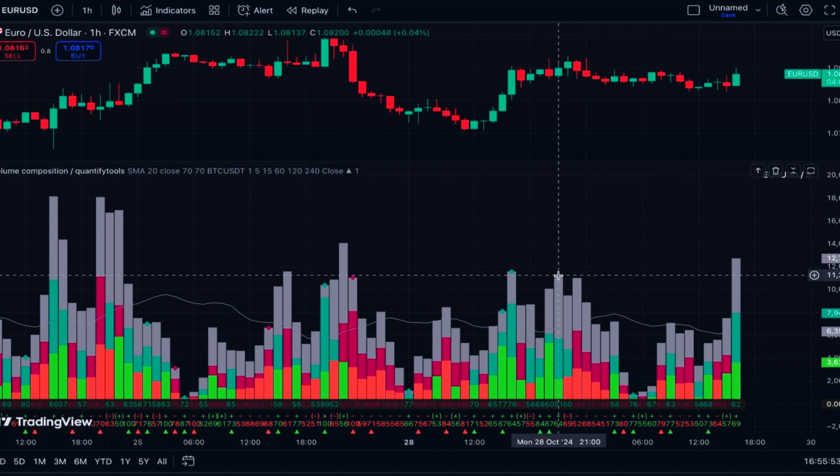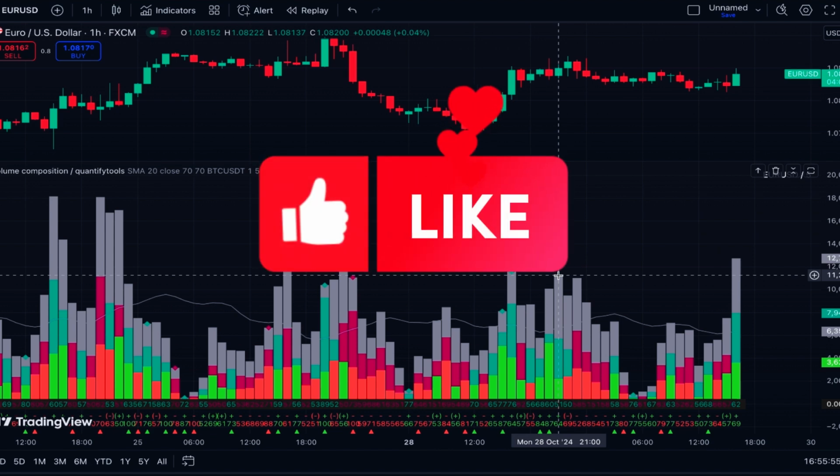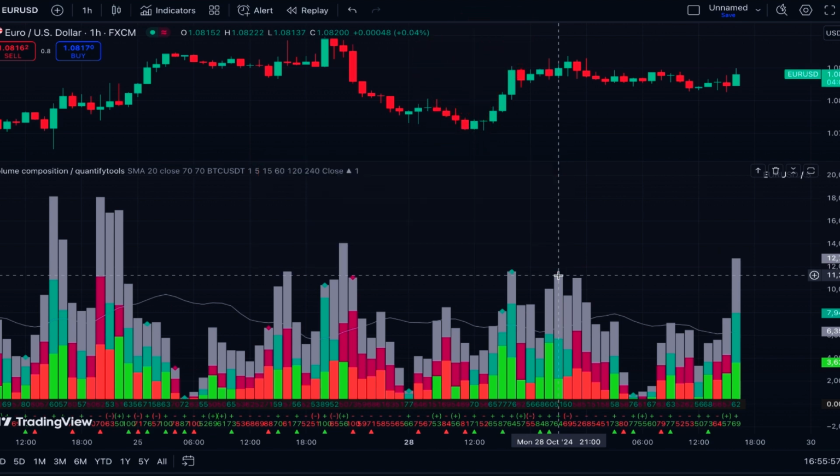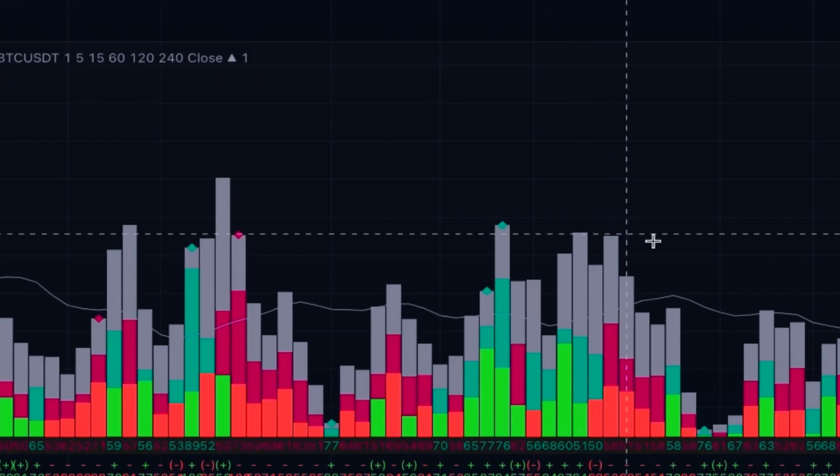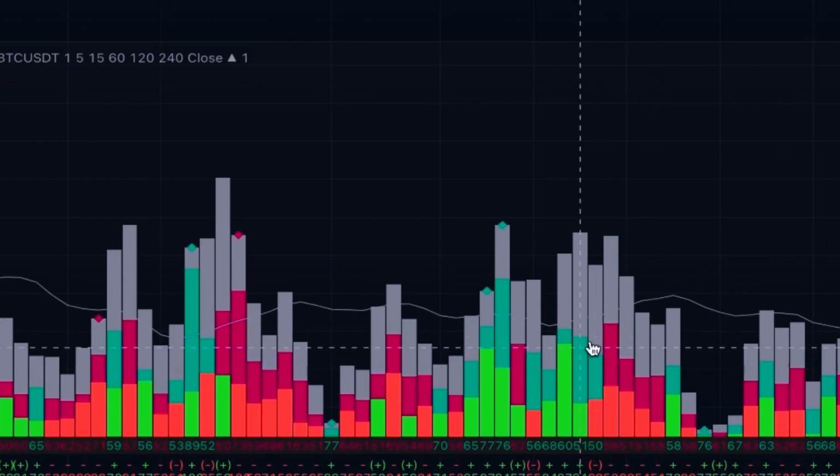We can also find out if buyers were dominant in each time period or sellers, if there was more passive volume or active volume. Here in the middle part of each volume bar, the color is either dark green or dark red. This shows dominating passive volume.